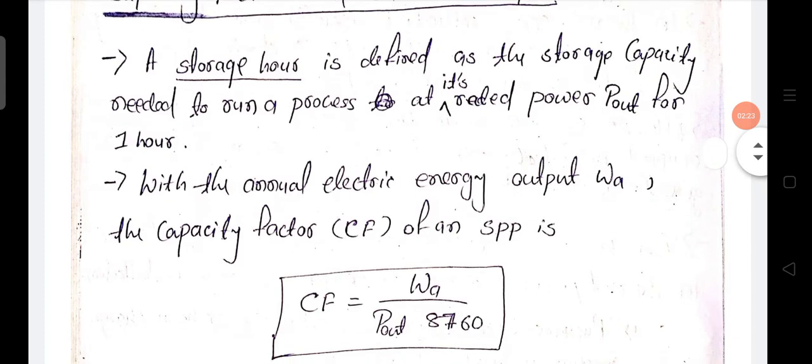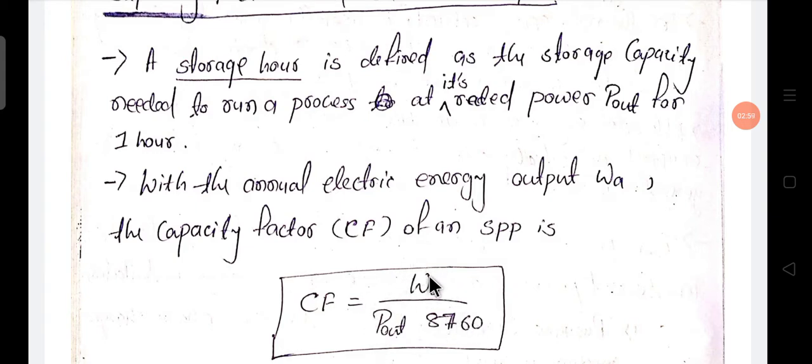Okay, and with the annual electric energy output WA, the capacity factor is another term. The capacity factor of a solar power plant, SPP meaning solar power plant, remember this formula: capacity factor equals WA divided by P out times 8760.